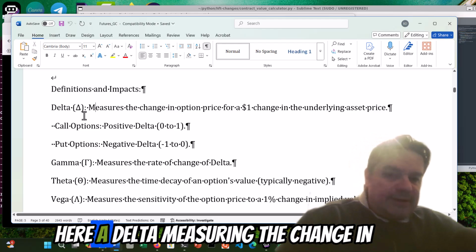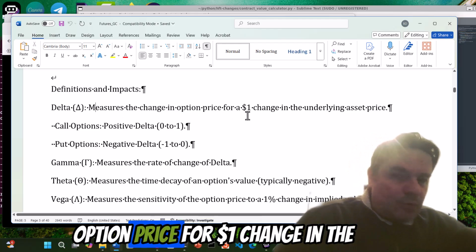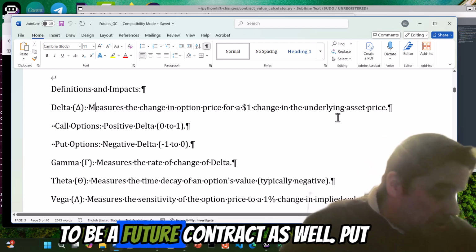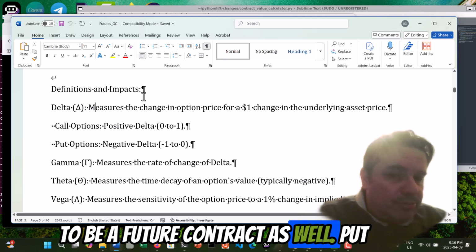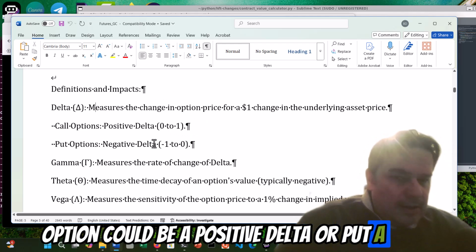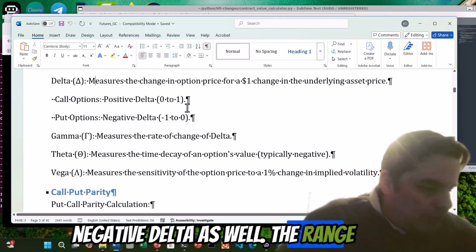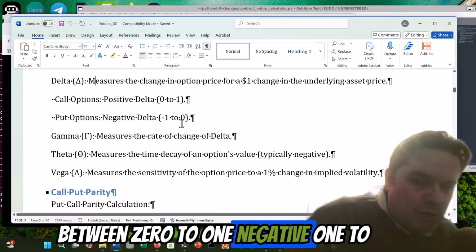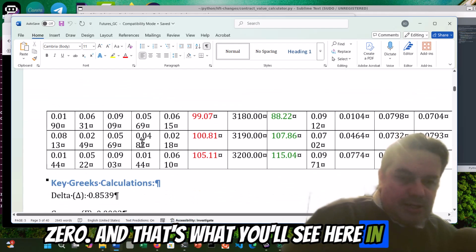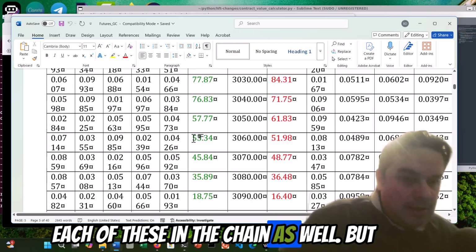So here, delta measuring the change in option price for $1 change in the underlying asset price. So that's going to be your future contract as well. Put option could be a positive delta, or put negative delta as well, with a range between 0 to 1, -1 to 0. And that's what you'll see here in each of these in the chain as well.